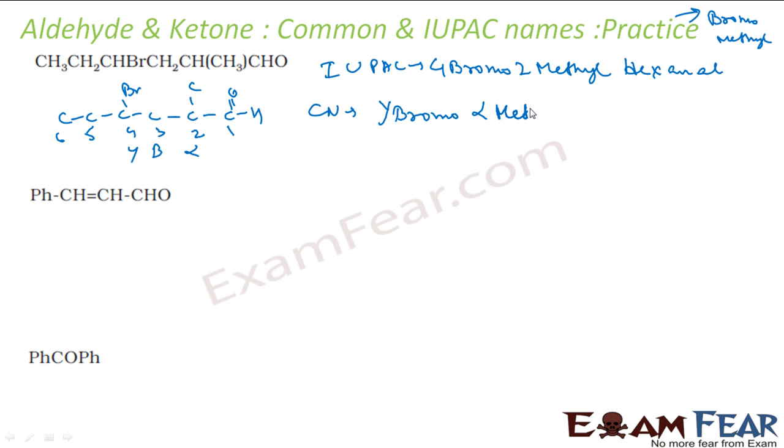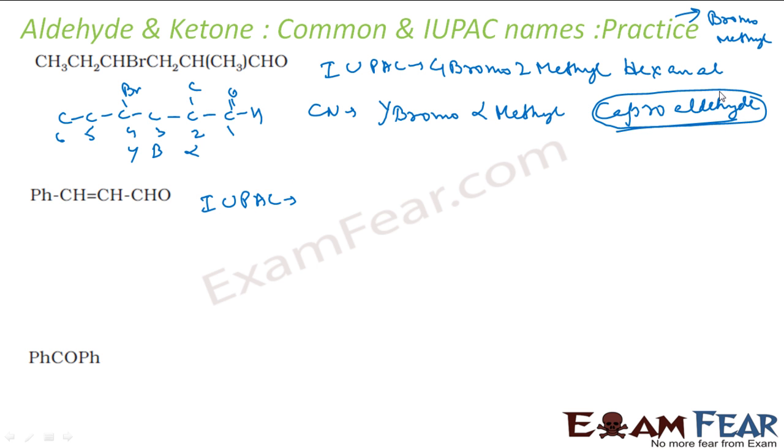Gamma bromo alpha methyl, and this whole thing is called caproaldehyde. Caproaldehyde in the common name. There is no reason why it is called caproaldehyde. It is just called that as a common name. There is not much logic behind it.